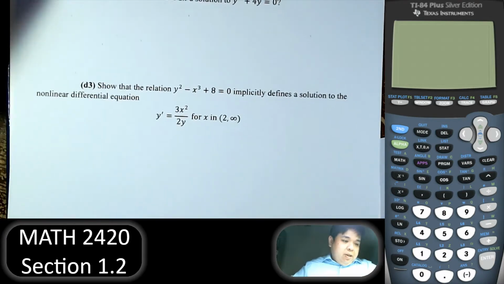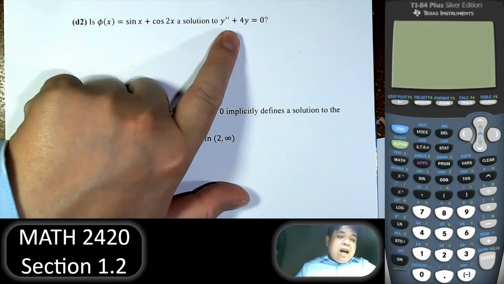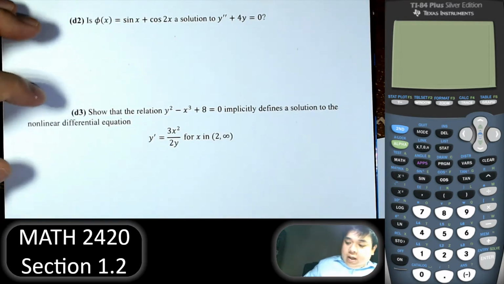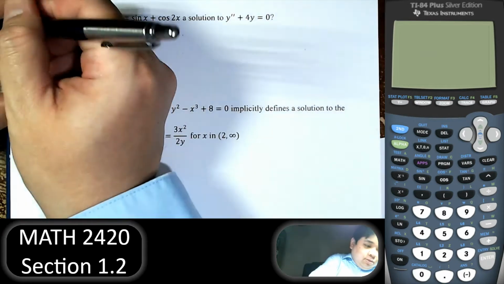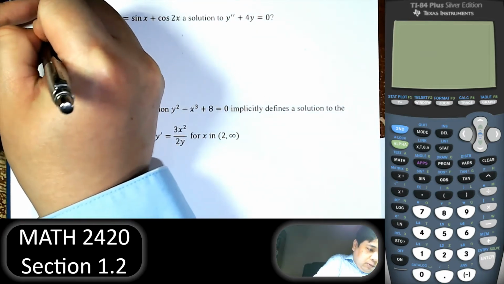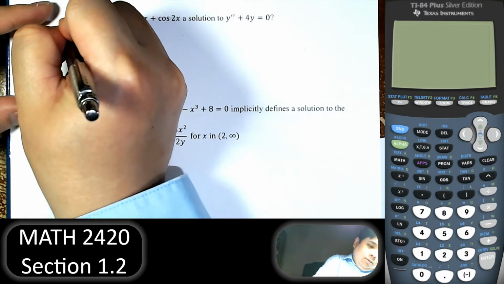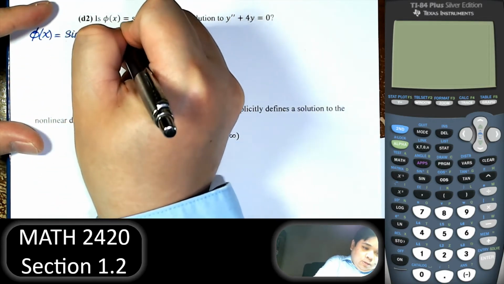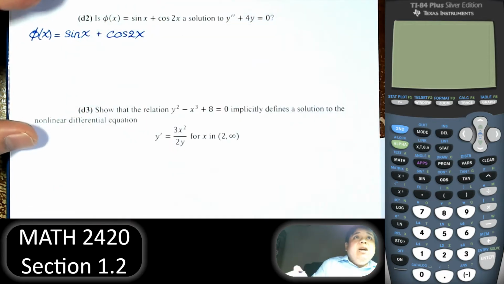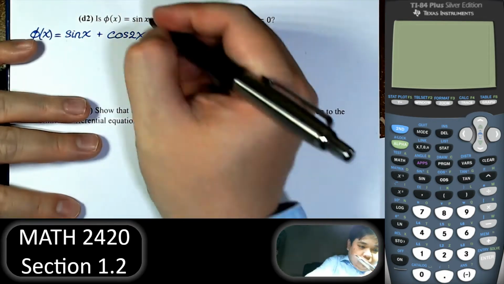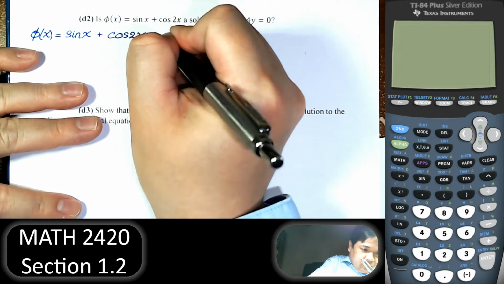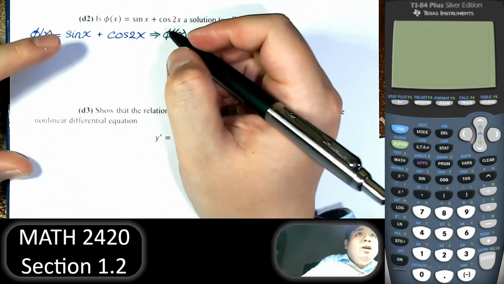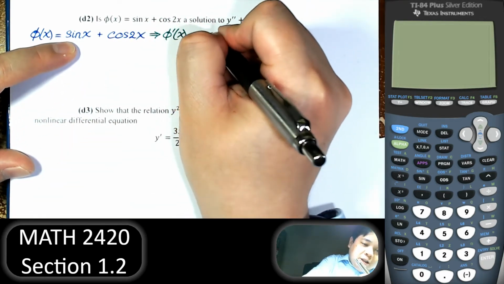Right. More examples. If this is a function, is it a solution to this equation or not? So we have the function. I'll just take the derivative. The derivative of sine x is cosine x.